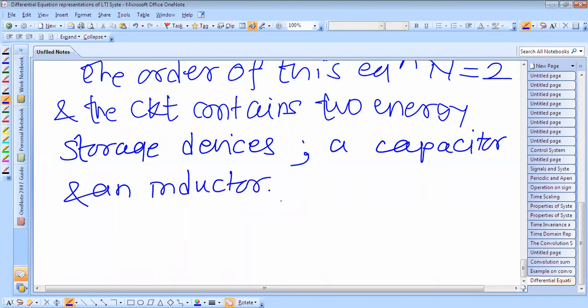Okay, so let us consider an example of second order differential equation.